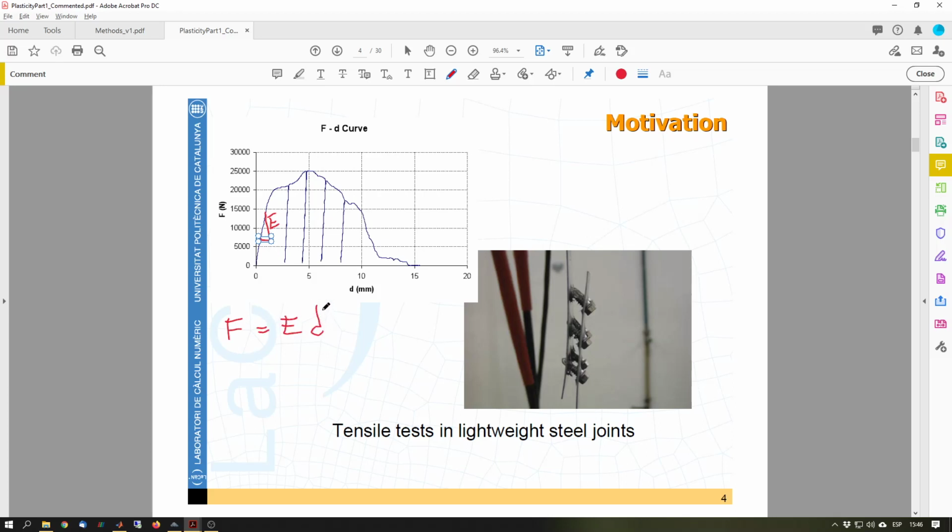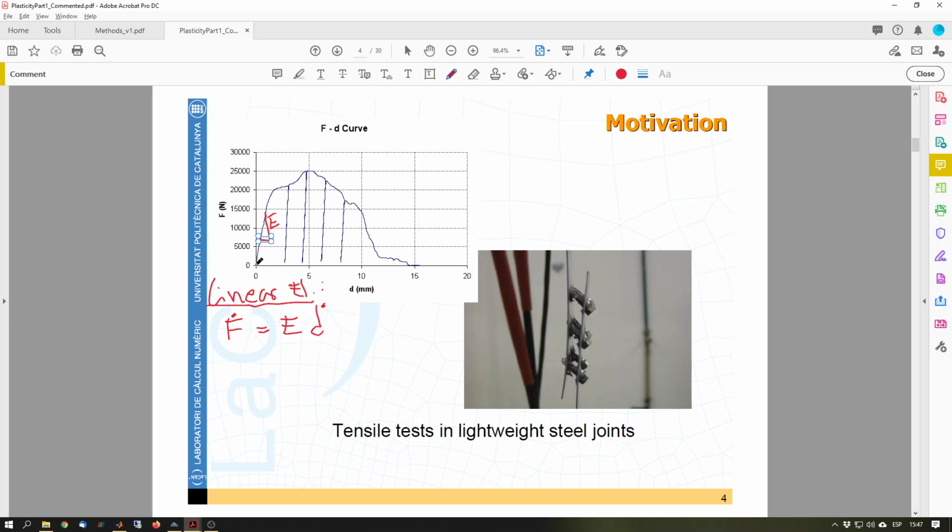We can write this in the linear elastic regime, and we can write it in rates as well. So we have a slope here, and we divide everything by delta t, and we have this type of regime.